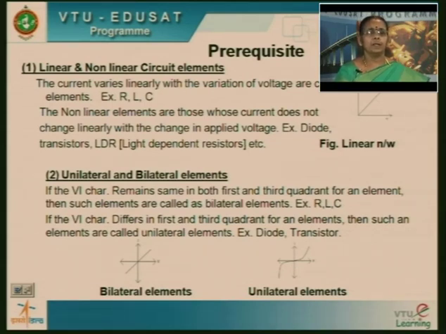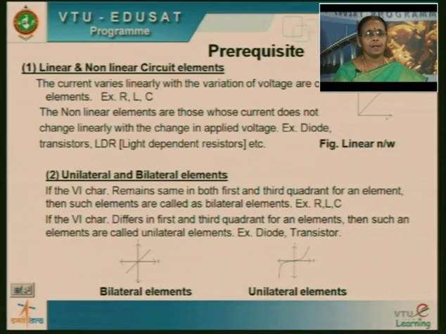Linear and non-linear elements generally exhibit the linear characteristics between voltage and the current. So the current varies linearly with the variation of voltage. If the current varies linearly with the variation of voltage, then the elements are called linear elements.